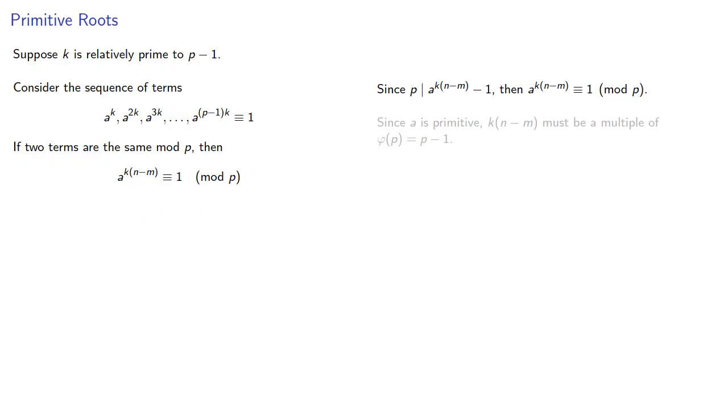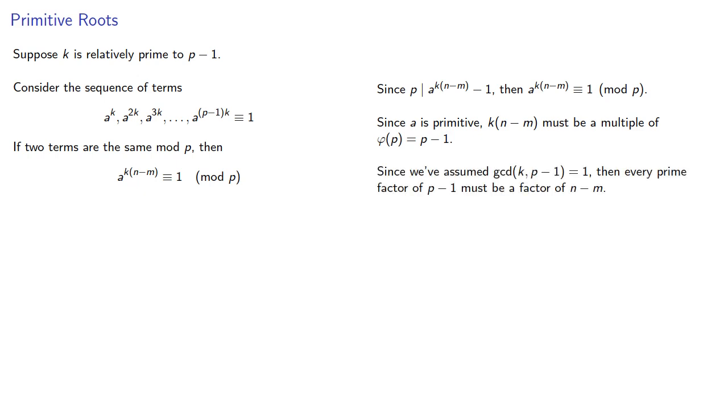Now, since a is assumed to be a primitive root, that means this exponent has to be a multiple of p minus 1. But since we've assumed the greatest common divisor of k and p minus 1 is 1, then every prime factor of p minus 1 must also be a factor of n minus m, which means n minus m has to be a multiple of p minus 1.